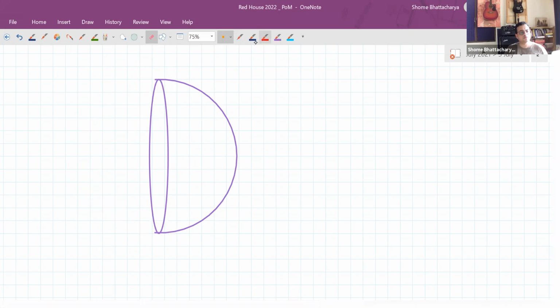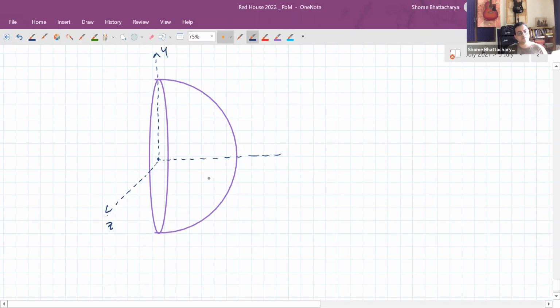Now what we'll do is we'll imagine this is the center of this open surface of the hemisphere. So the disk of the hemisphere is, let's say, in the YZ plane, and the x-axis is the symmetry axis.